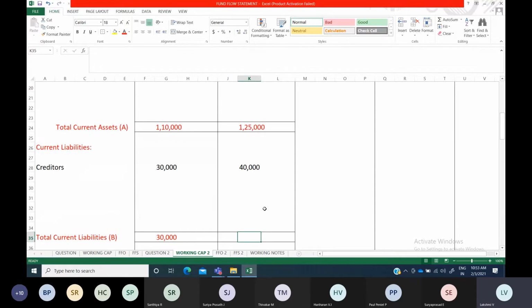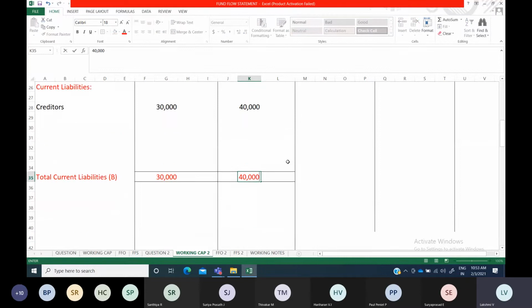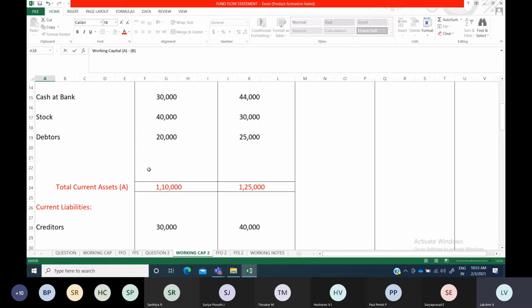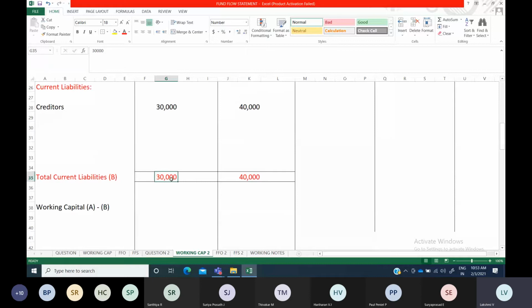Now what you have to do? You have to find out working capital. So working capital, that is A minus B. So total current assets is 1,10,000. Total current liabilities is 30,000.